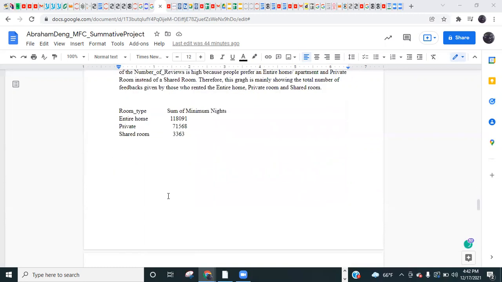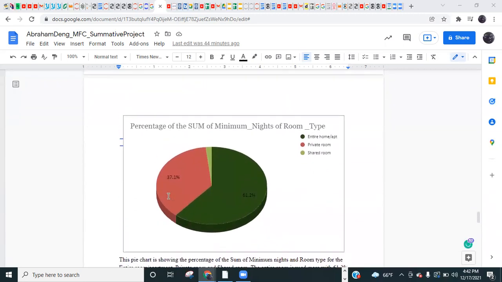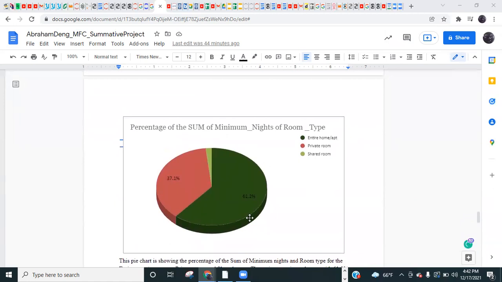We visualize this using a pie chart, and we have many people sleeping in the entire home, about 61.2% on the pie chart. The second one is the private room, and the least is the shared room.